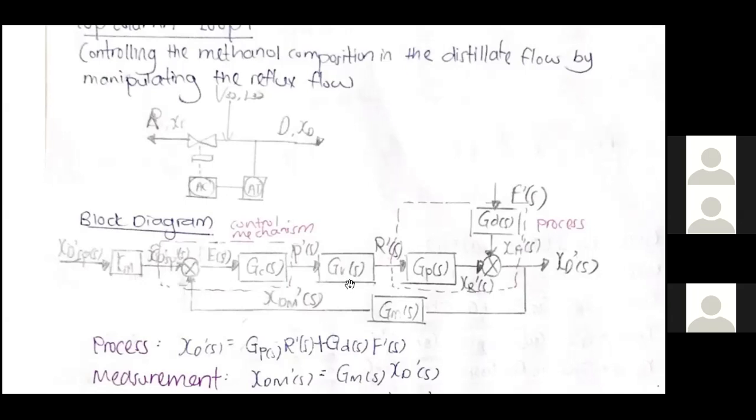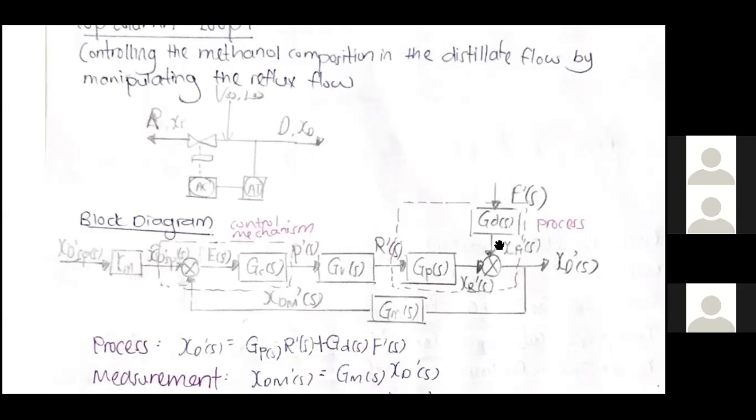From this output, one part is measured, which we call GMS, and it measures the output and controls the flow rate based on this. Then there is a disturbance from the distillate flow rate at the top, F'(S), and GDS is the disturbance transfer function. So this is the disturbance point, and this is the block diagram.